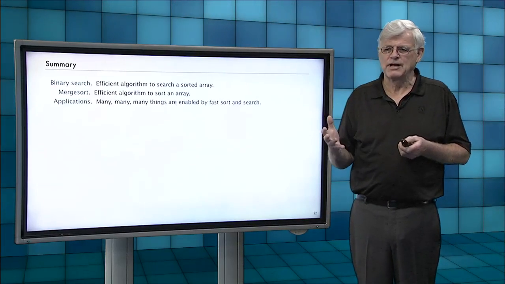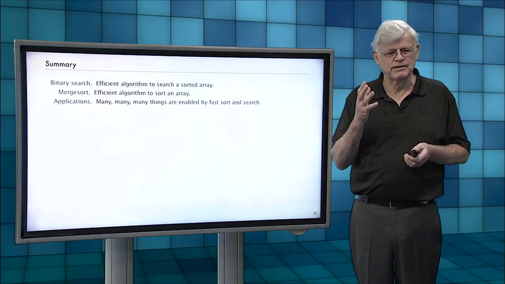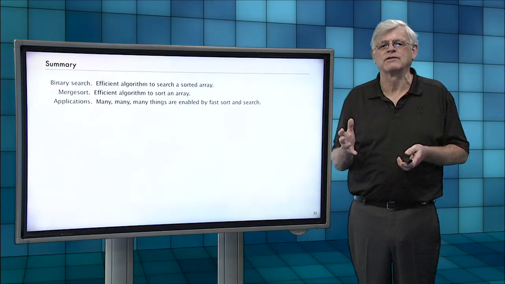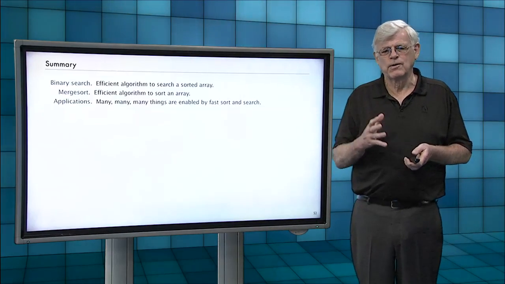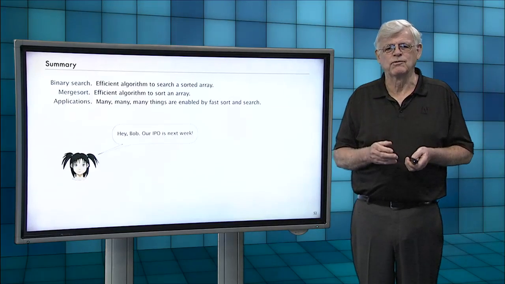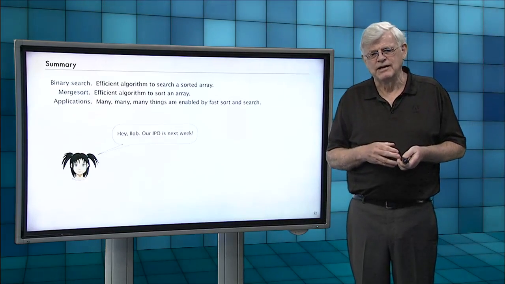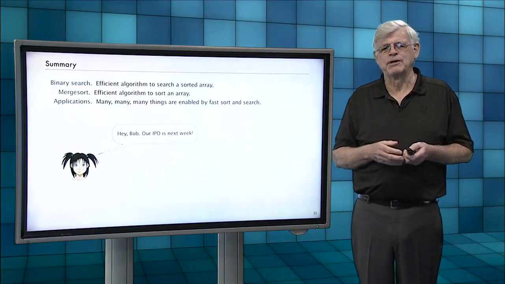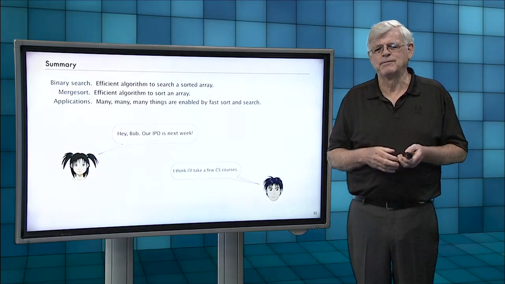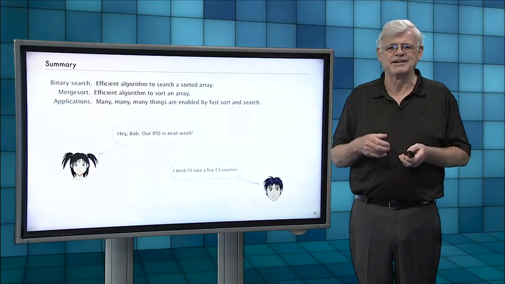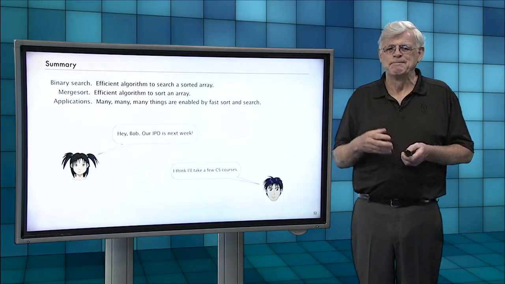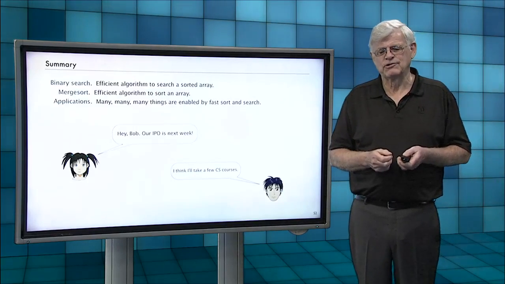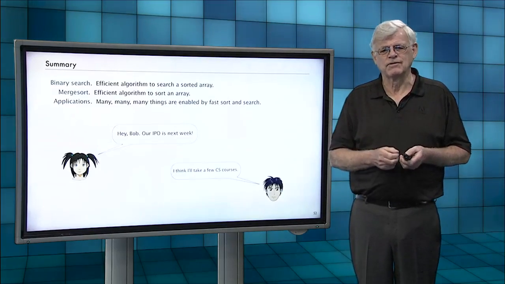Very natural in all kinds of areas of science, and it's particularly important in computer science. We're not just hacking to get a problem solved. We're understanding performance, and performance matters. So Alice has got her IPO going, and Bob is rethinking the idea of a hackathon. Maybe he'll take a few CS courses. So that's our introduction to the second part of our course.